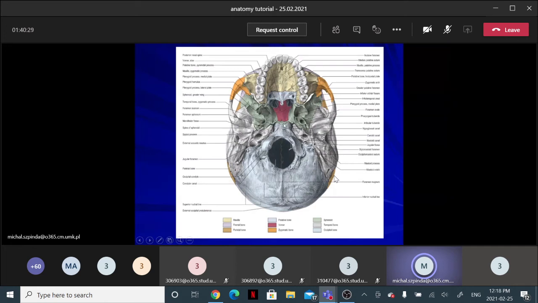So the basi-occipital bone joins the posterior aspect of sphenoid's body. And just here, between both, is the most important synchondrosis, a kind of cartilage between the basilar part of occipital bone and the sphenoid's body.